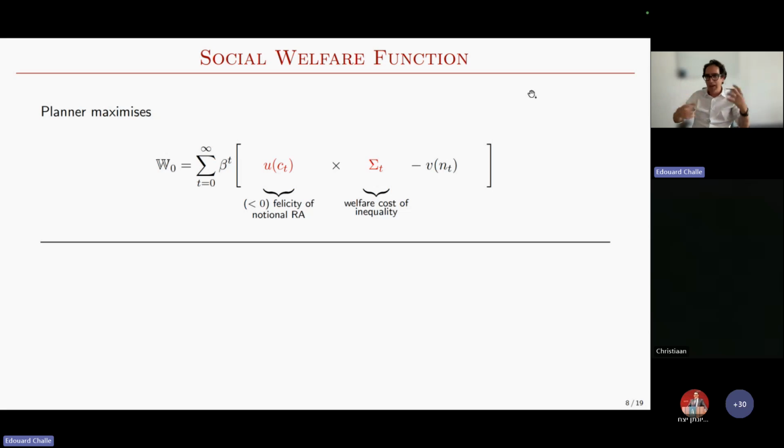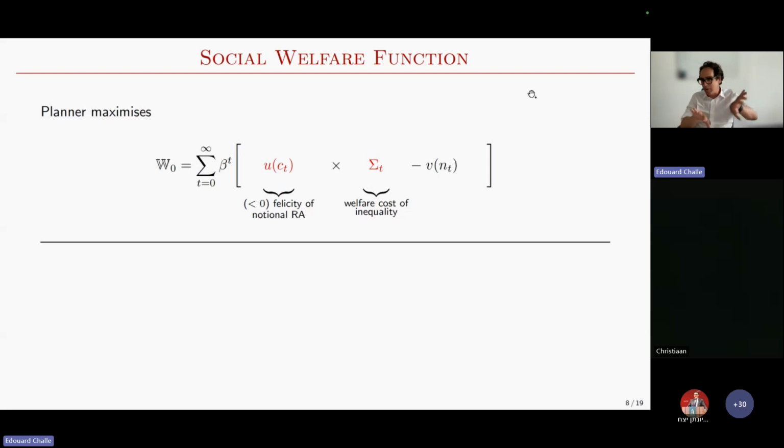Using the CARA-normal assumption, you can reduce the social welfare function that I showed before to this one, where U of C is the felicity, or utility of consumption, of a notional representative agent, what the average agent would enjoy. And there is a correction, this big sigma term, that captures the welfare cost of inequalities.